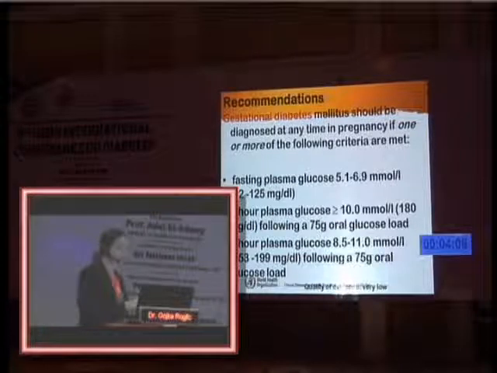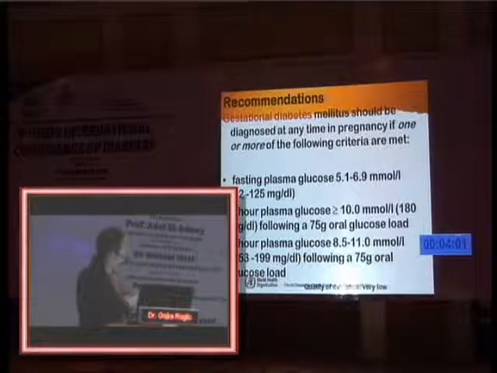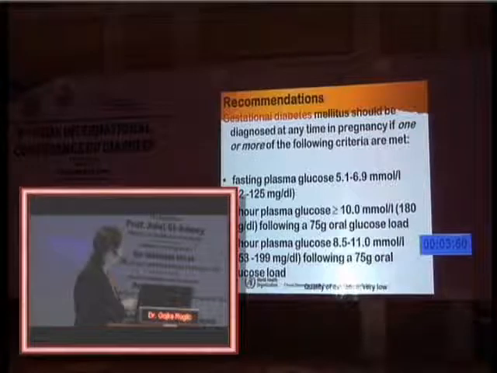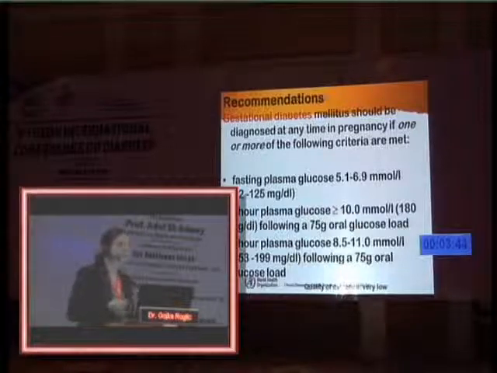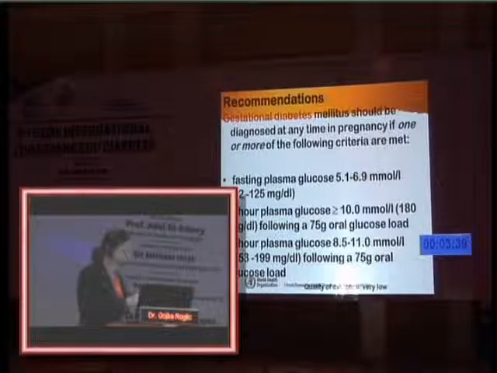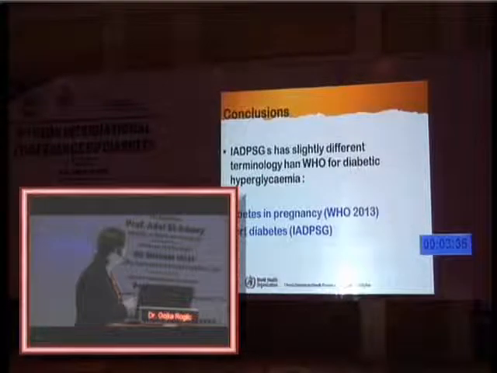The recommendation for defining gestational diabetes is that it should be done any time in pregnancy if one or more of the following criteria are met. So this fasting plasma glucose, either this, or this. And this is the first time that the possibility is given for identifying women with GDM by fasting glucose.